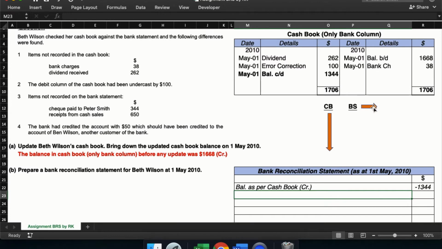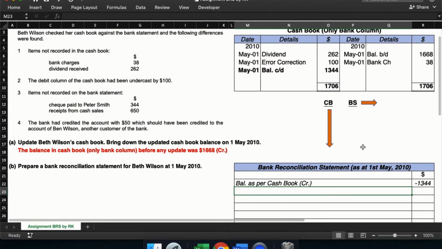There is no change in the bank statement balance. Our target is to reach the bank statement balance, whereas in the cash book we have decreased the balance. So from this point to this point I have to go up. Up means I have to add this 344, and I will write here: check issued but not presented for the payment.